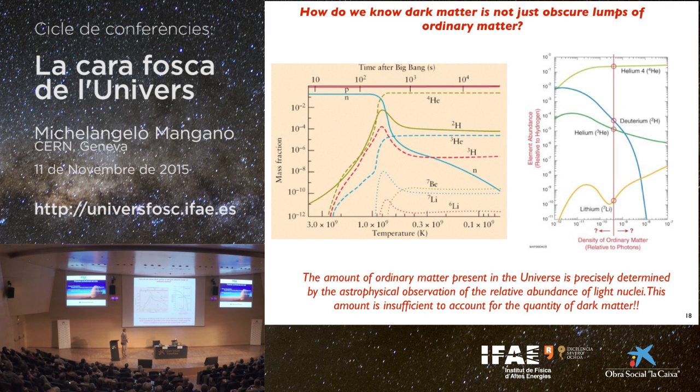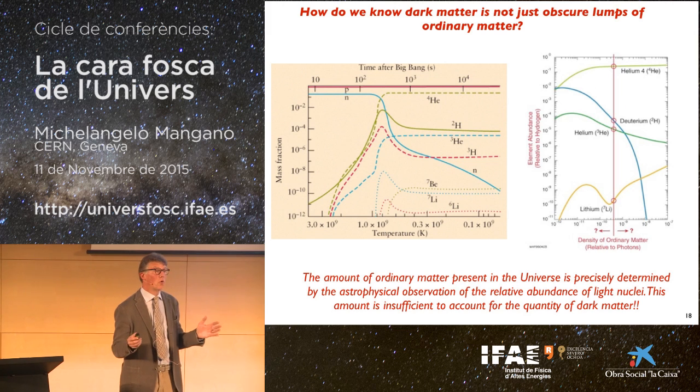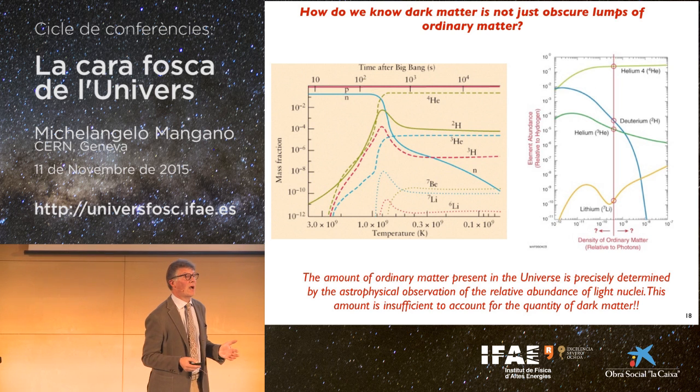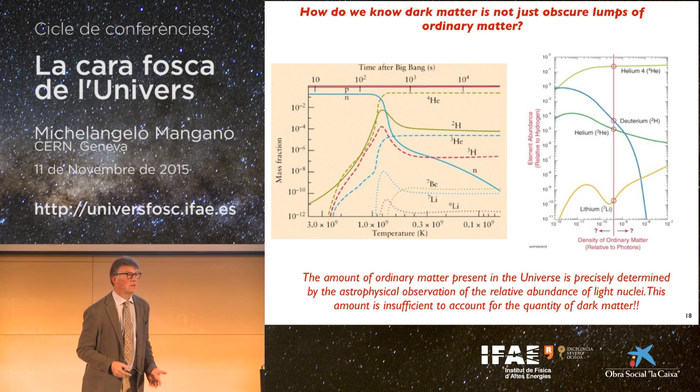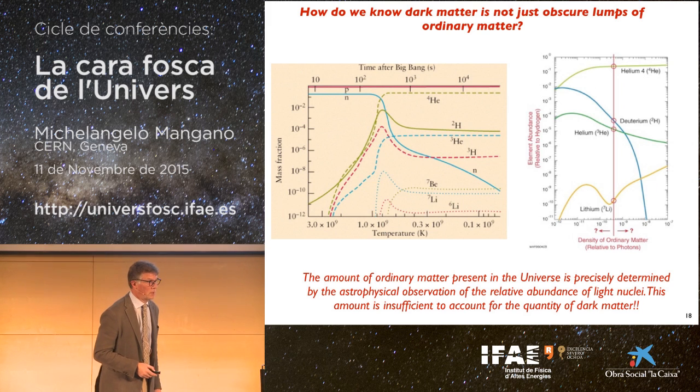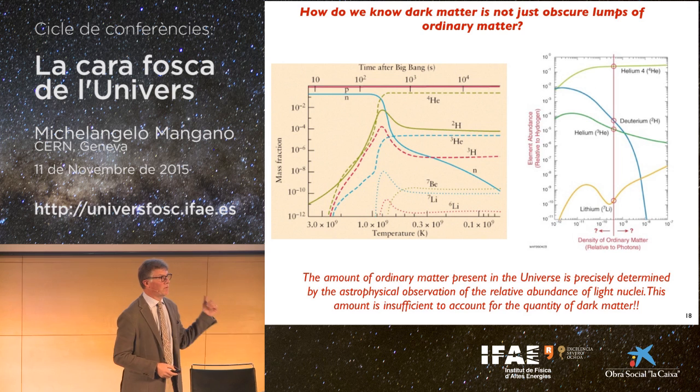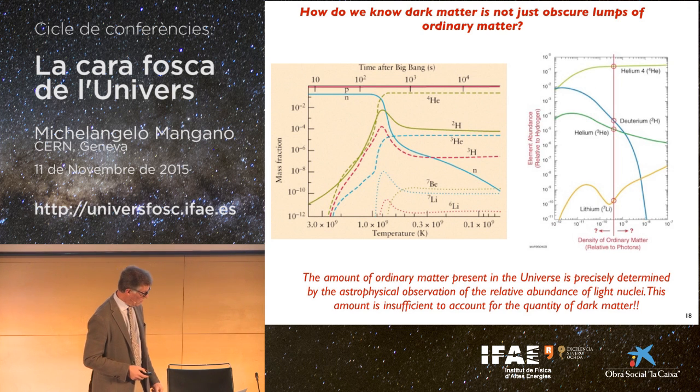So this is the place where, in fact, all of the observations today match, and it corresponds to an amount of ordinary matter that indeed is much less than what is required to explain the phenomena related to dark matter I was explaining before.